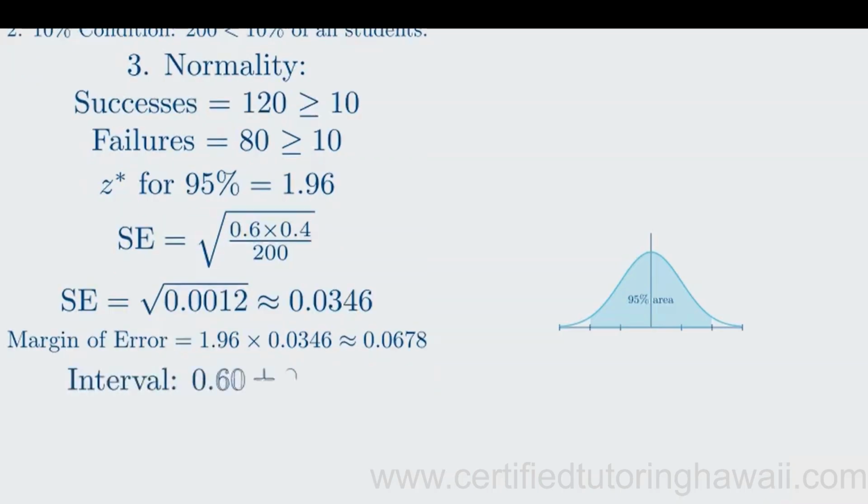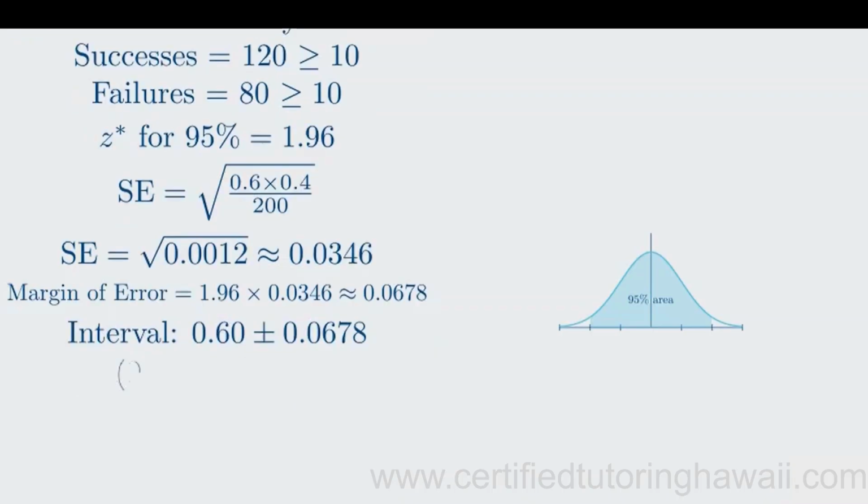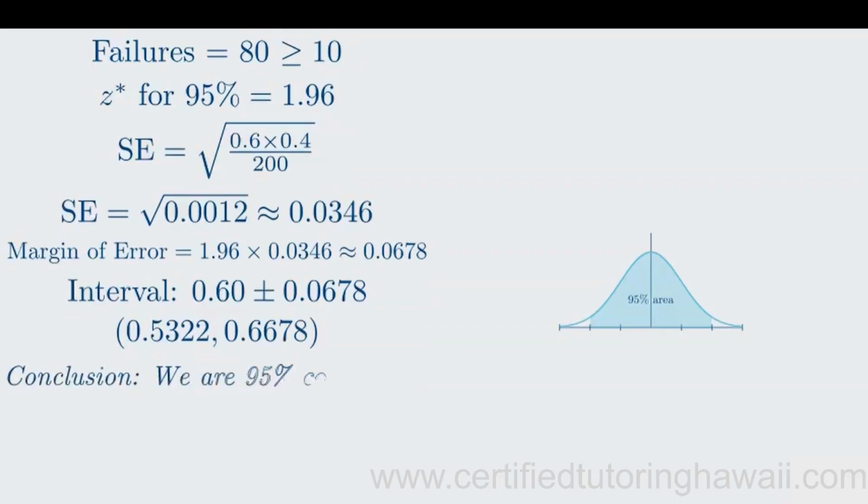Our interval is our point estimate, 0.60 plus or minus 0.0678. This gives us an interval from 0.5322 to 0.6678. We are 95% confident that the true proportion of students who drink coffee is between 53.22% and 66.78%.